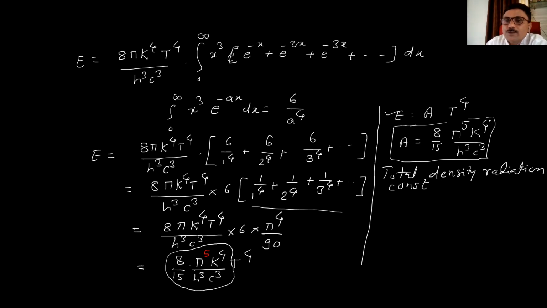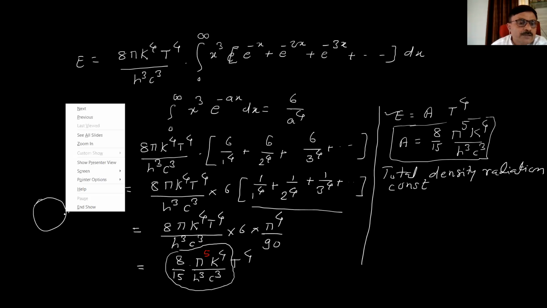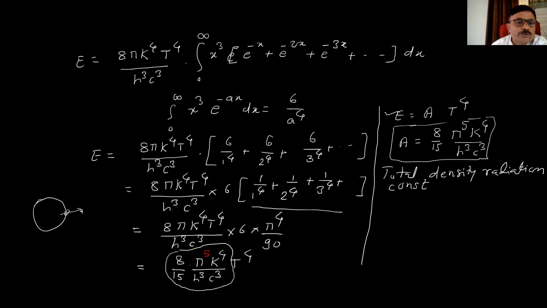However, Stefan's fourth power law is defined as the amount of energy radiated per unit time per unit area. So suppose this is a black body, and suppose there is a small aperture here, so that the radiation is coming out per unit area per unit time, and suppose that energy radiated is E dash, the energy radiated per unit time per unit area.